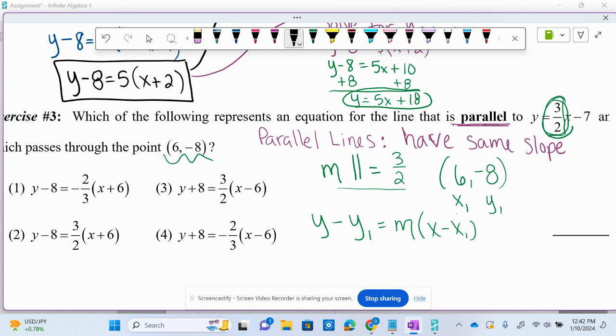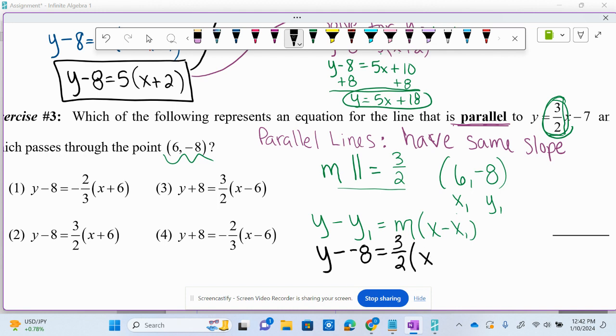Okay, so I'm going to start calling on people. Lionel, tell me what I'm going to write for the y sub 1 value. Y minus negative 8 equals. Michael, tell me what to put for my slope. 3/2. Very good.